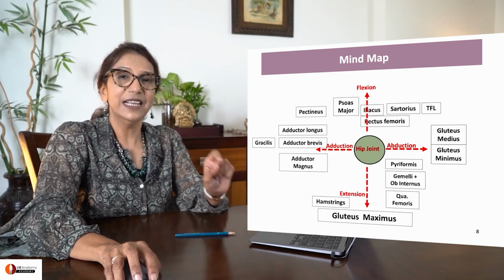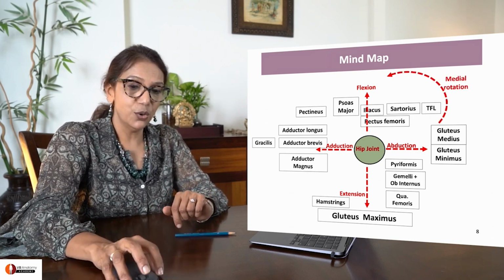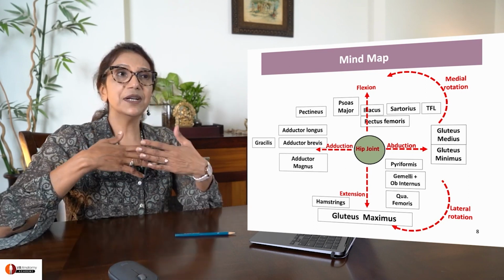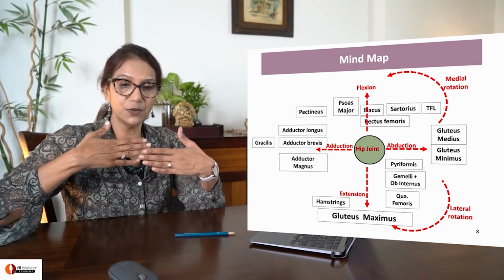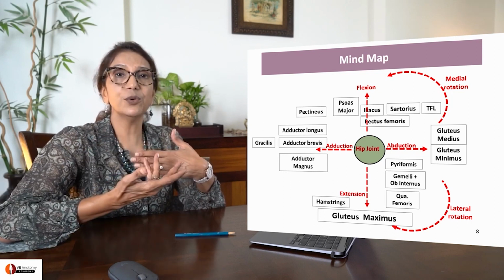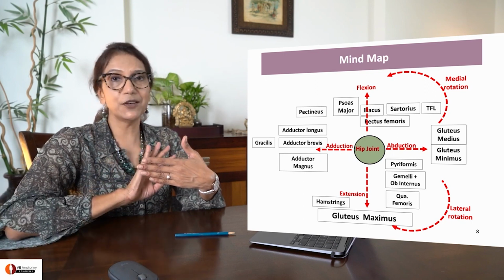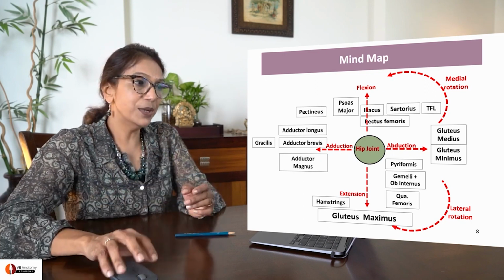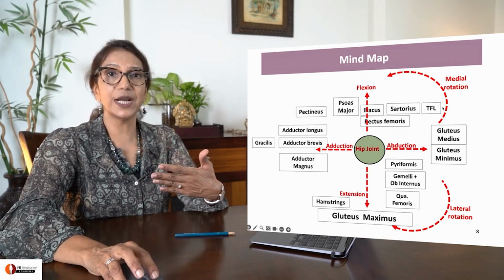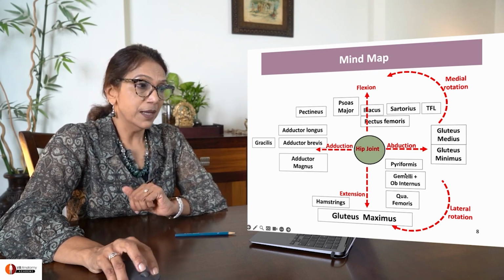This is easy. A little bit difficult is who will bring about medial rotation and who will bring about lateral rotation. When this happens, try and remember: if the structure lies anterior to the axis, it will medially rotate. If the structure lies behind the axis, it will laterally rotate. So gluteus medius is assisted by sartorius and tensor fascia lata, which lie anteriorly, to bring about medial rotation.